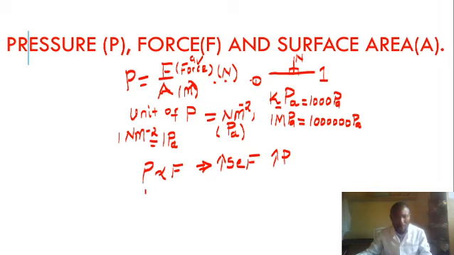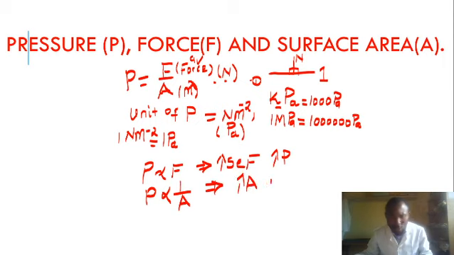And we also see that pressure is inversely proportional to the cross-sectional area. What does this imply? This implies that if we increase the area, we do so by reducing the pressure.